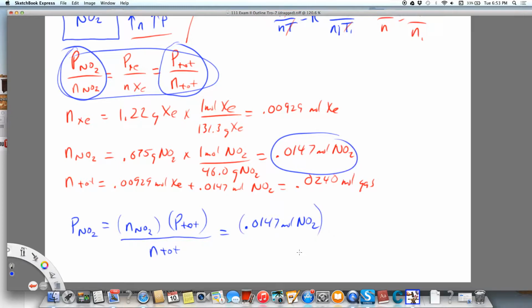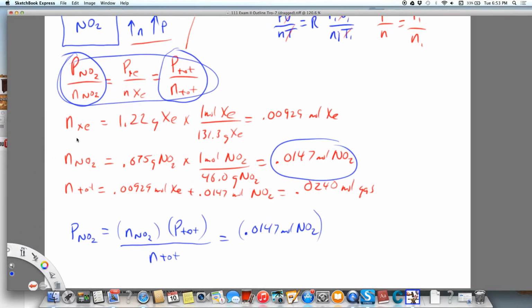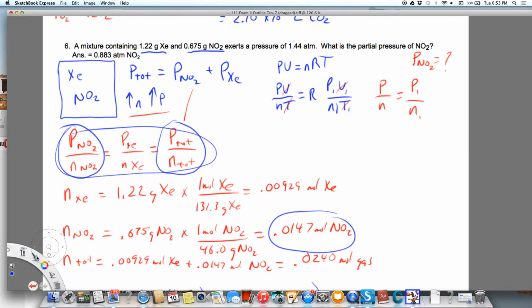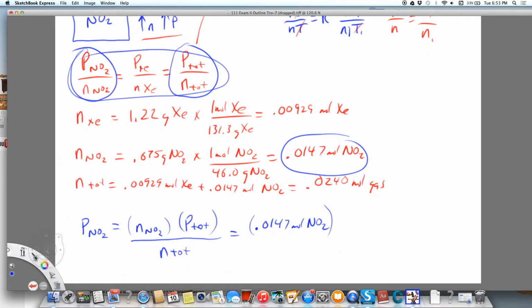And then the pressure total, we have that. Is that given? It is. This is our total pressure right here, 1.44 atmospheres. That might have been a little tricky in the wording to figure out that that was the total.